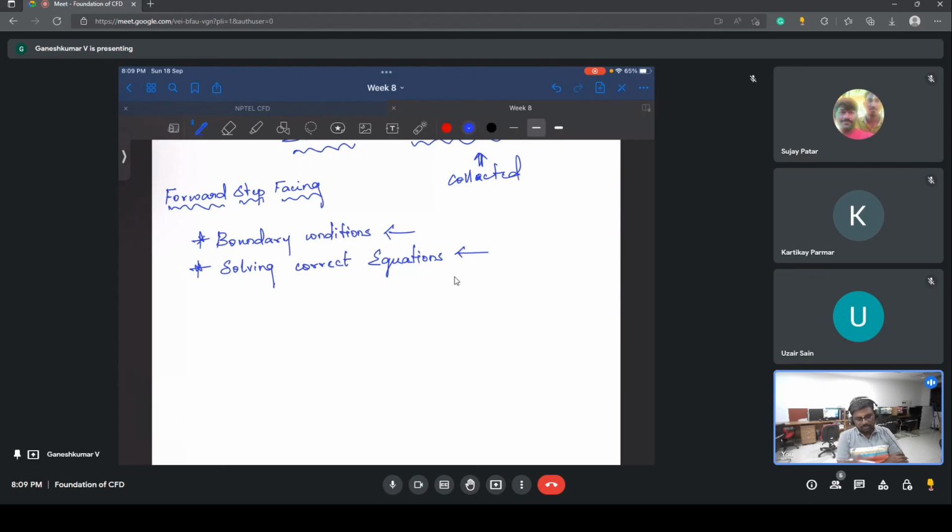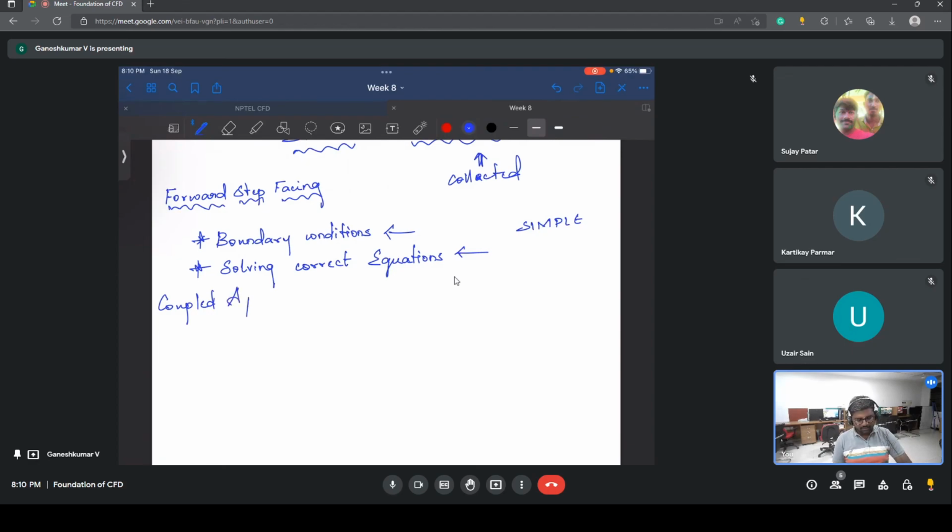When I say solution algorithms like SIMPLE, these are segregated approaches. The other one is the coupled approach, right? In coupled we solve everything together as a vector system; we don't predict and correct.